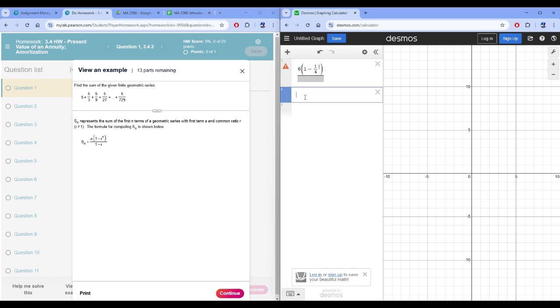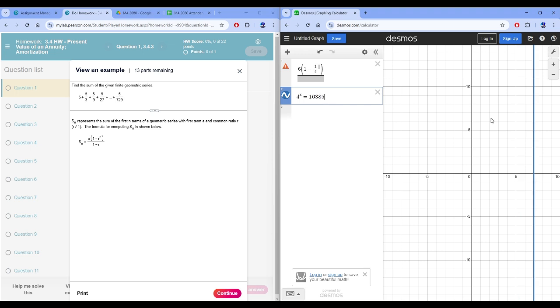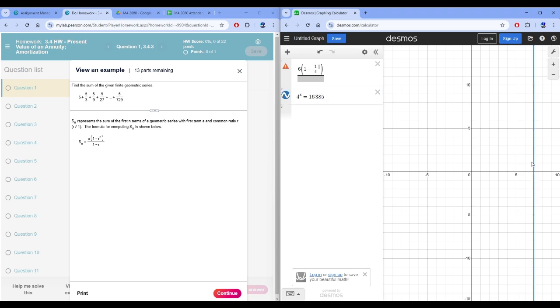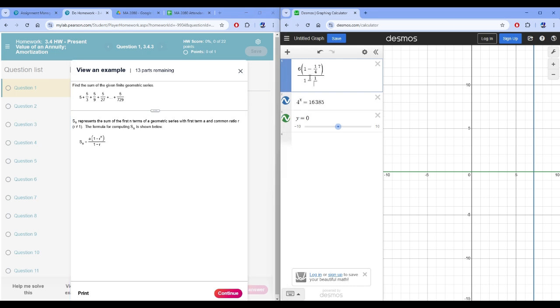So I need to find 4 to the x equals that number. Let's say y equals 0, and then what is that intersect? Oh, 7. Oh, 4 to the 7? Okay, so that means this should be to the 7. So there are 7 terms, divided by 1 minus 1/4.